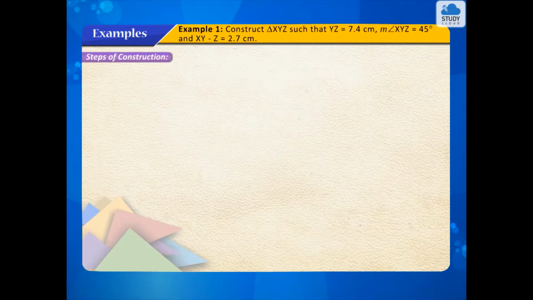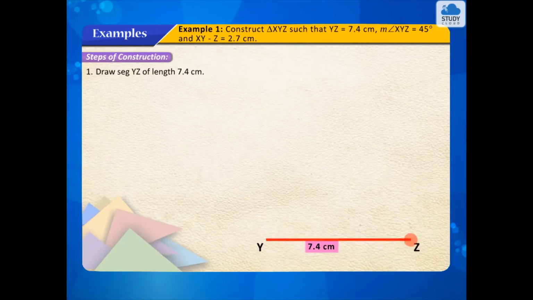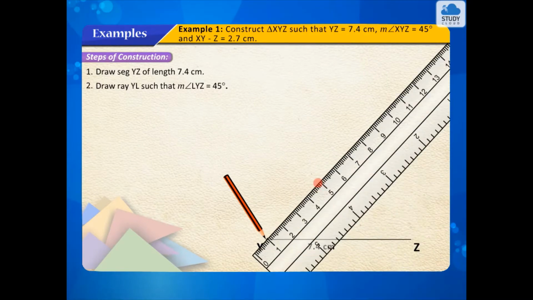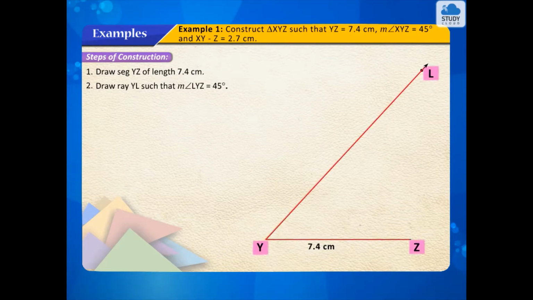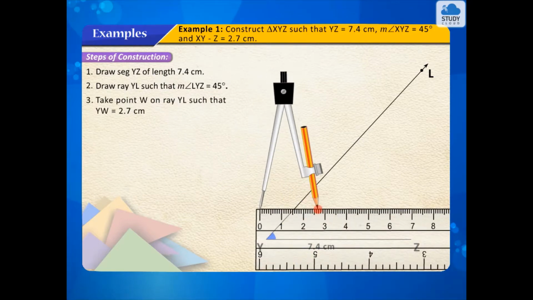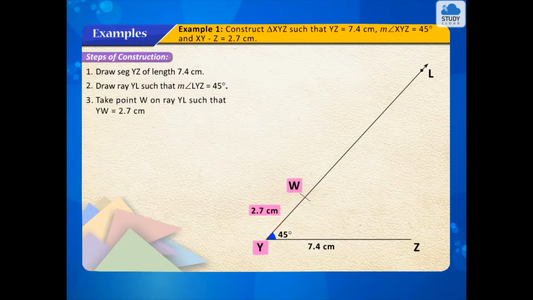Steps of construction. 1. Draw segment YZ of length 7.4 centimeters. 2. Draw ray YL such that measure of angle LYZ is equal to 45 degrees. 3. Take point W on ray YL such that segment YW is equal to 2.7 centimeters. 4.